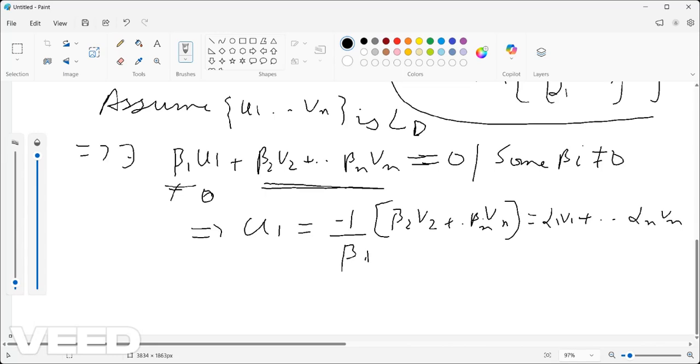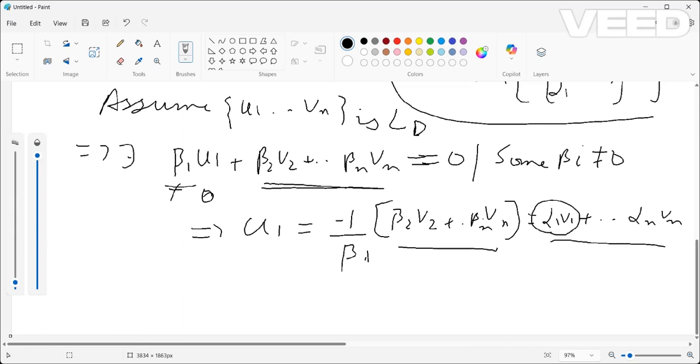That's how we expressed u1. On the left hand side you have only v2 to vn, here you have v1 all the way till vn, so we can write v1 as a combination of v2 to vn. We started with the assumption that alpha 1 is non-zero.